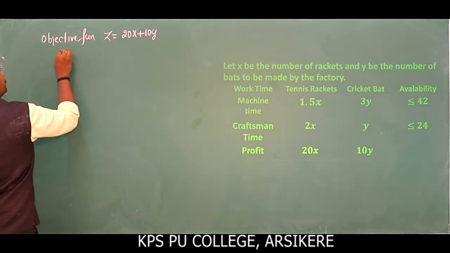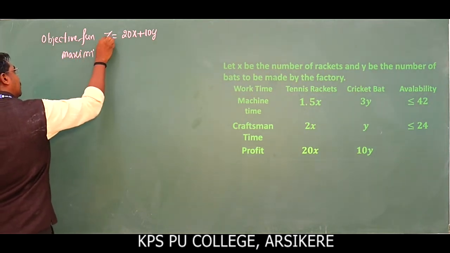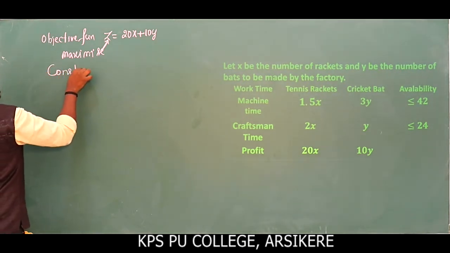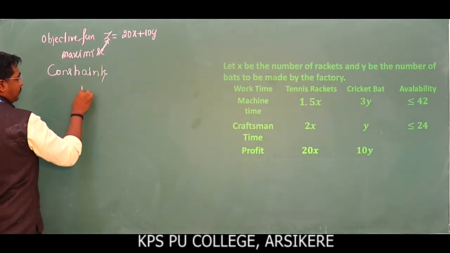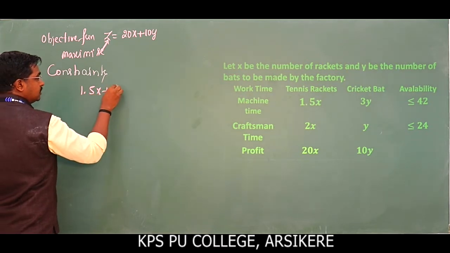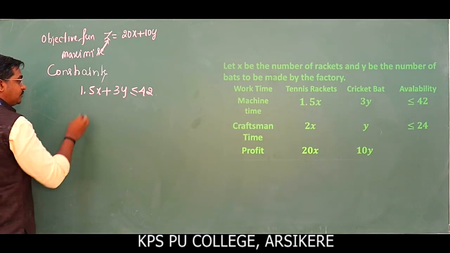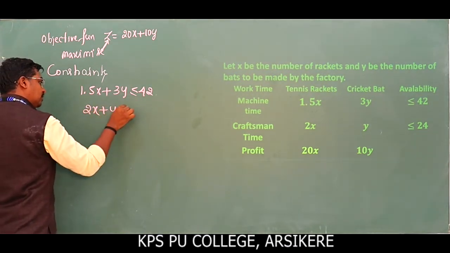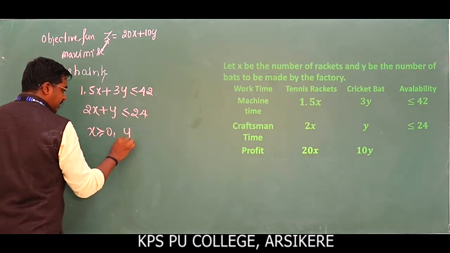Here we need to maximize. Maximize the objective function z equals 20x plus 10y, subject to the constraints: 1.5x plus 3y less than or equal to 42 for machine, and second, 2x plus y less than or equal to 24 for craftsman, and x greater than or equal to 0, y greater than or equal to 0.